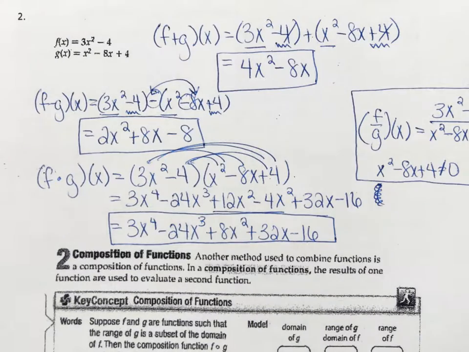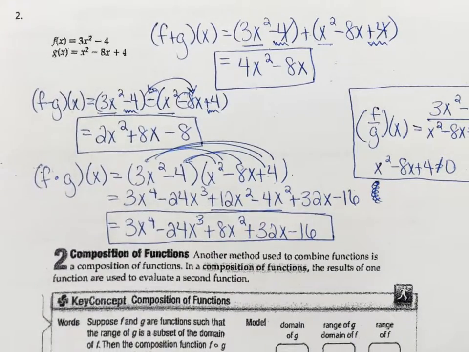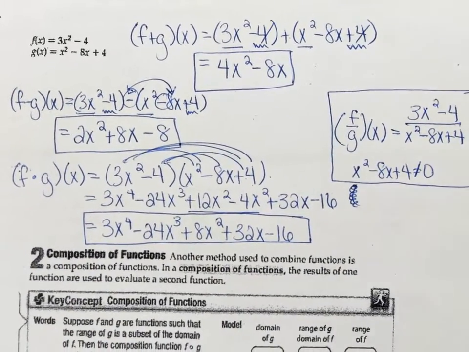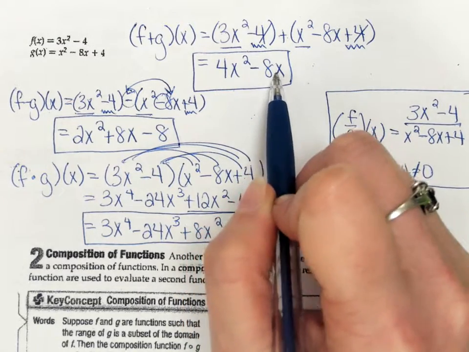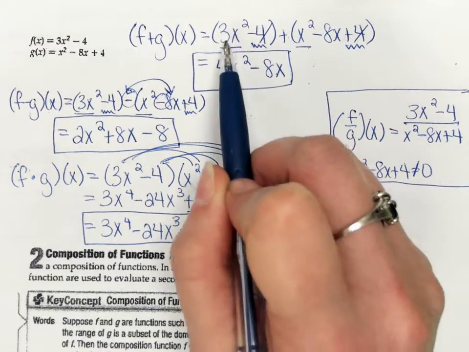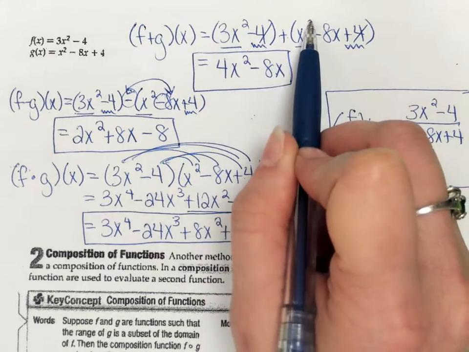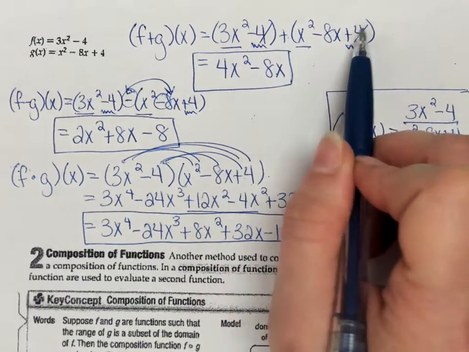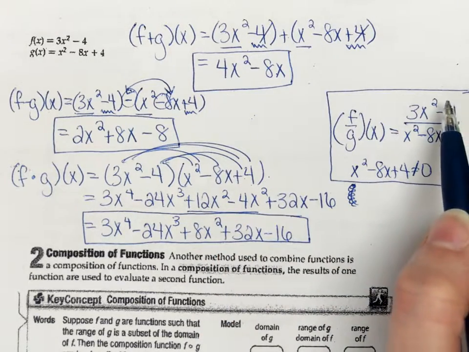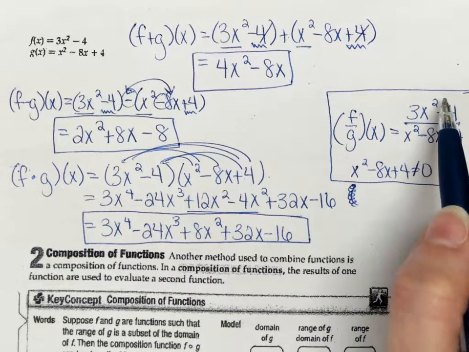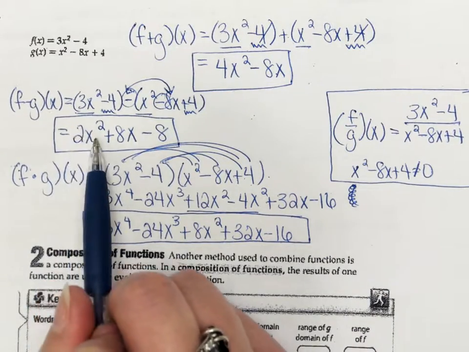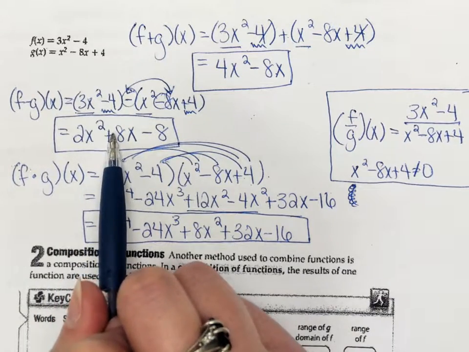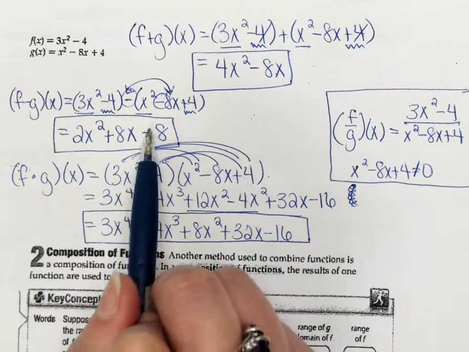Alright guys, here we go. So the addition should be 4x squared minus 8x, because the only thing you could combine was the 3x squared and the 1x squared, and the negative 4 and positive 4 canceled out. The subtraction should be 2x squared plus 8x minus 8.